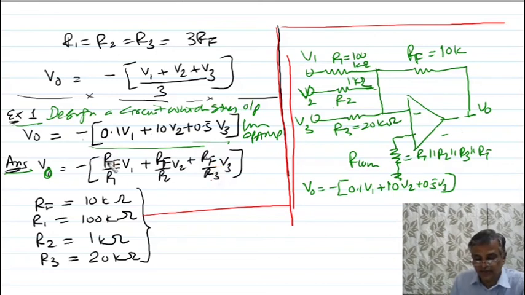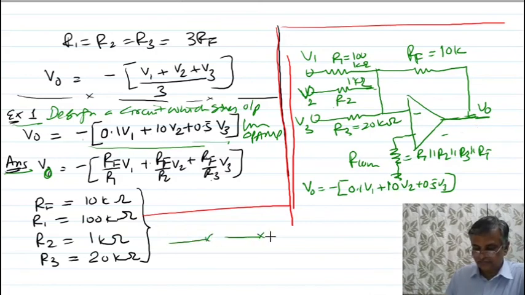From this, RF by R1 is 0.1, RF by R2 is 10, RF by R3 is 0.5. RF is fixed now, 10 kilo ohm. So select R1 so you get 0.1, R2 so you get 10, and R3 so you get 0.5. Putting all these values in the circuit, it will give you the output VO according to this equation. Here I am ending the lecture. Thank you.